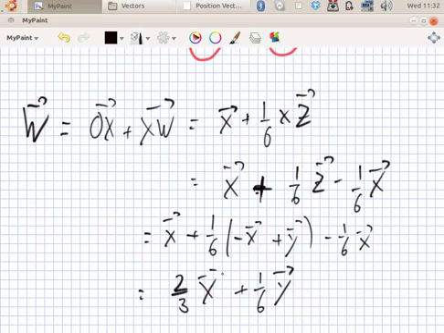Now I'll give you a moment to write that, and then I'm going to draw this to show you that it actually is the same as w. 2/3 x plus 1/6 of a y.